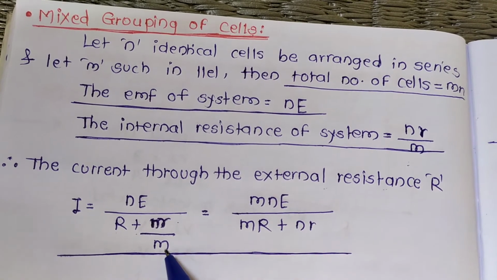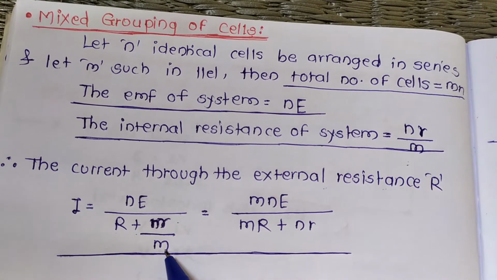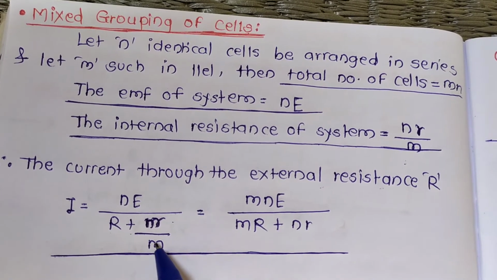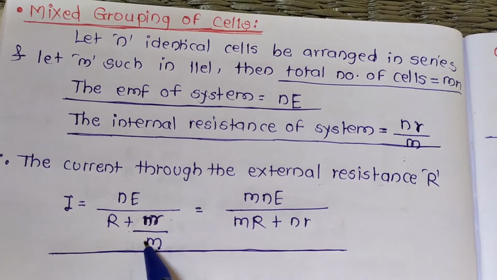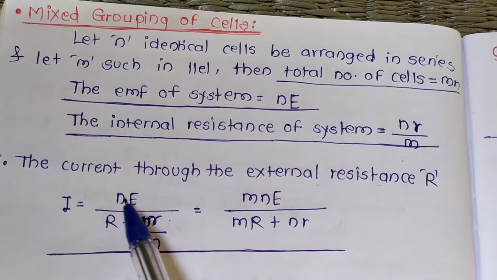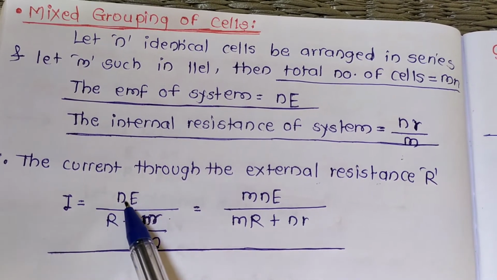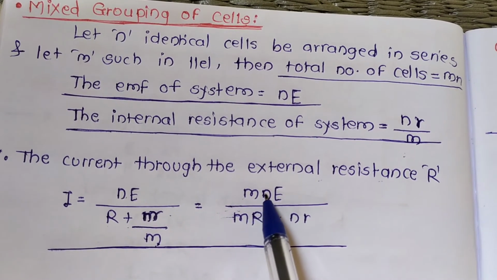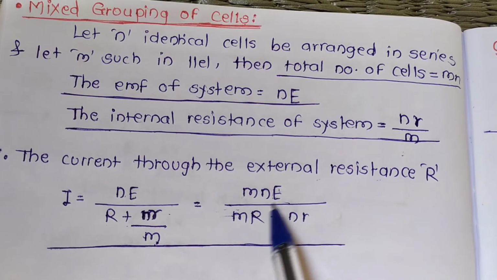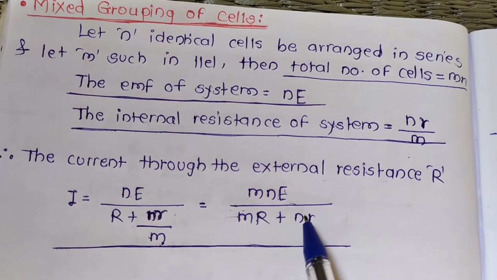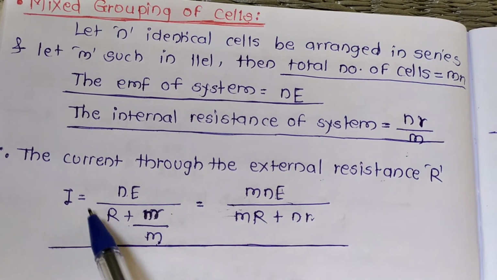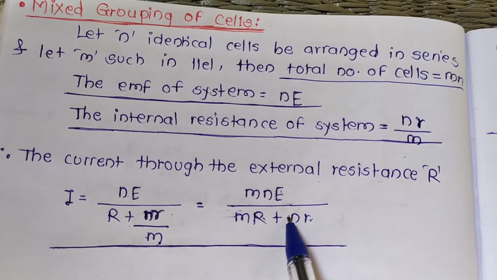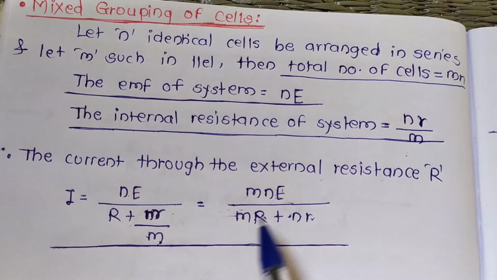M cells in parallel. Then multiplying by m, we get the final equation: I equal to m n E divided by m R plus n r. This is the final formula for mixed grouping of cells.